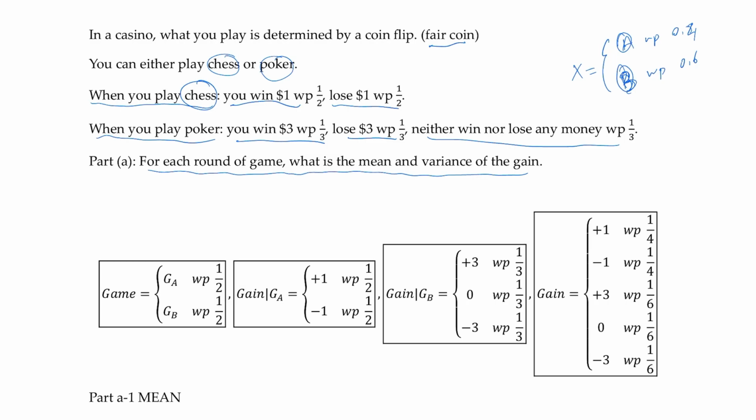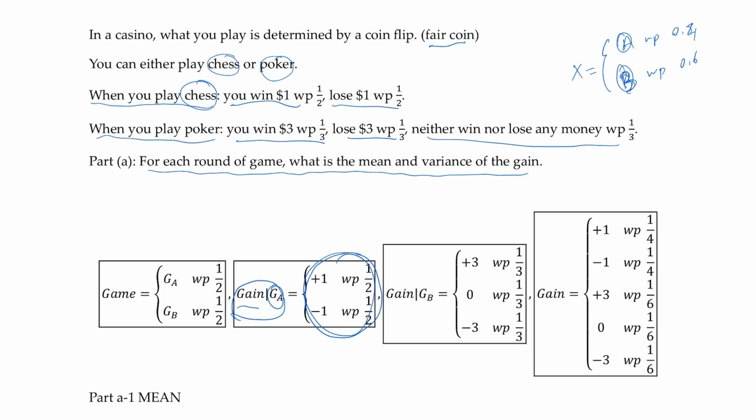Okay, so the other random variable is the gain. However, it is stated in the problem in such a way that the problem doesn't say, okay, gain takes this value with probability xyz. It doesn't say it that way, but it explains that indirectly, right? Gain given that we know it is game A, this random variable we can write that way.